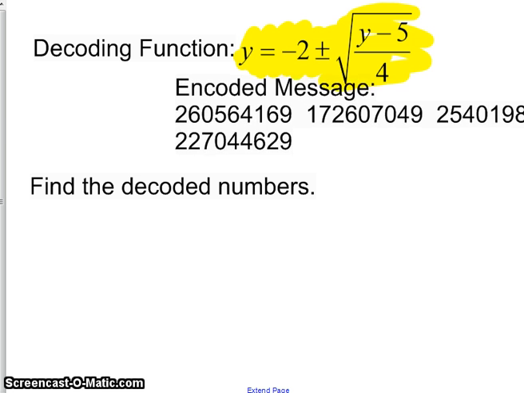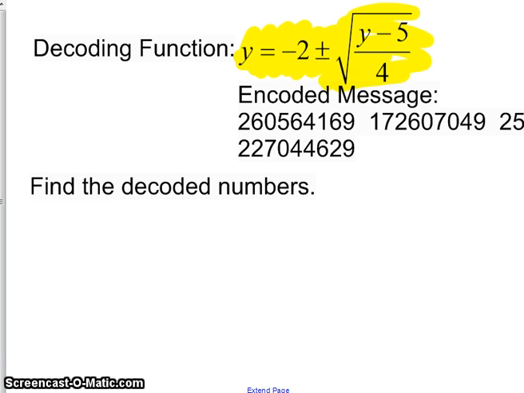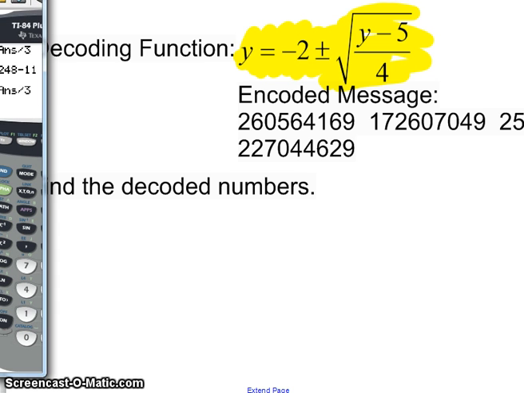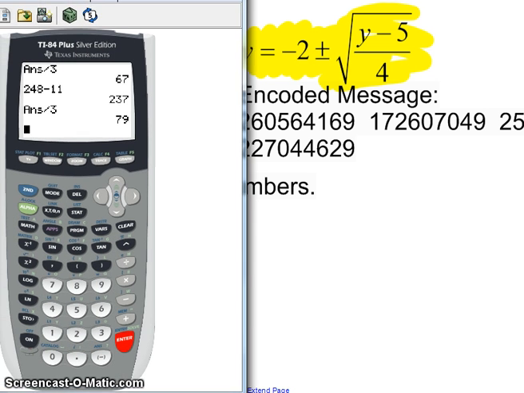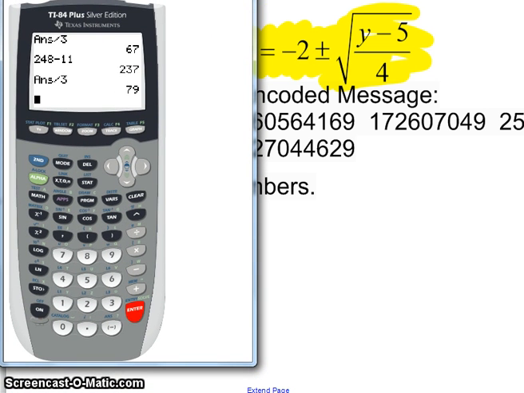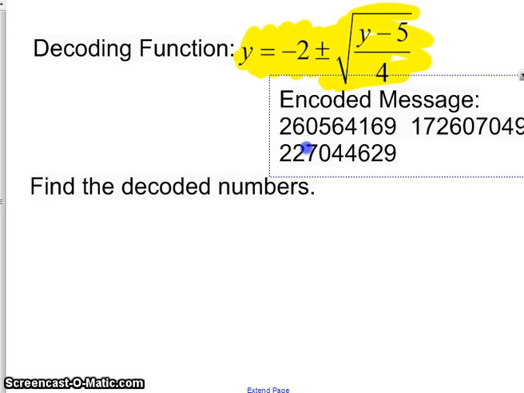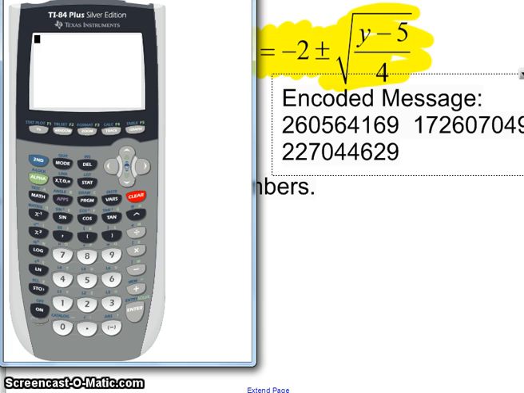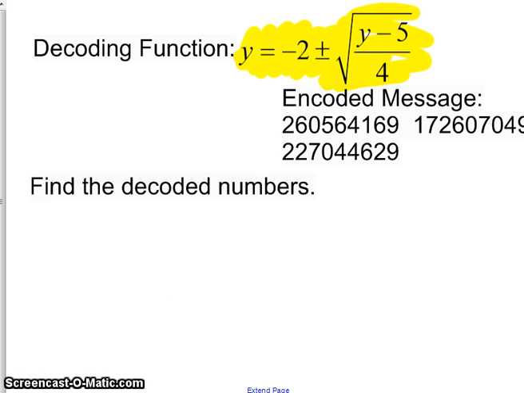I'll move that over so that I can bring my calculator up. All right, so I'm going to start with my first big number, that one.